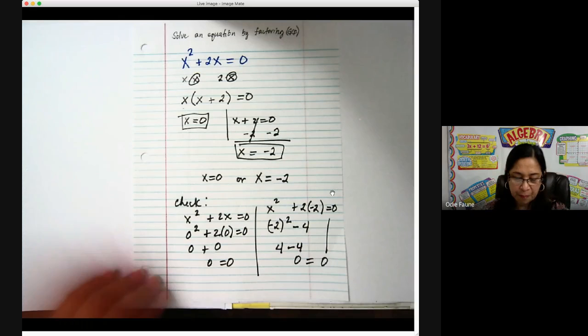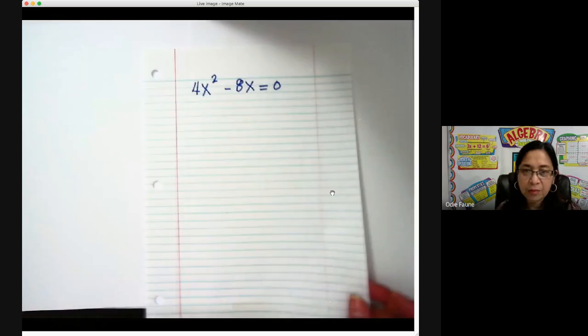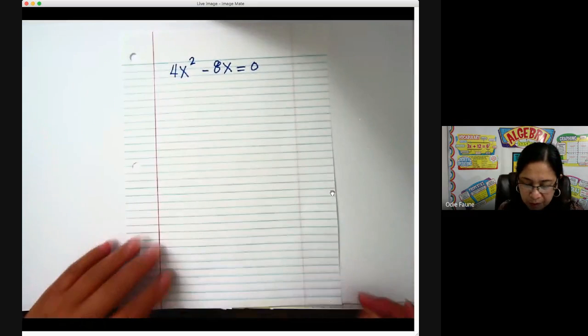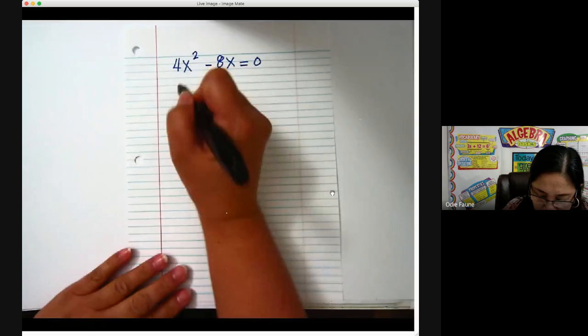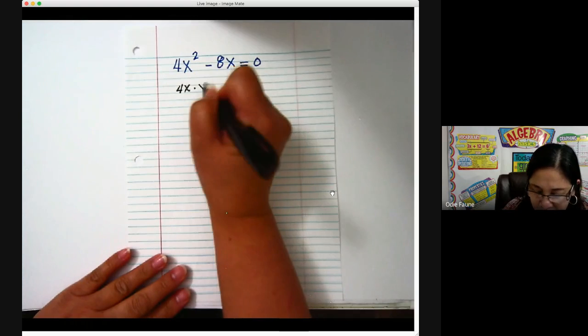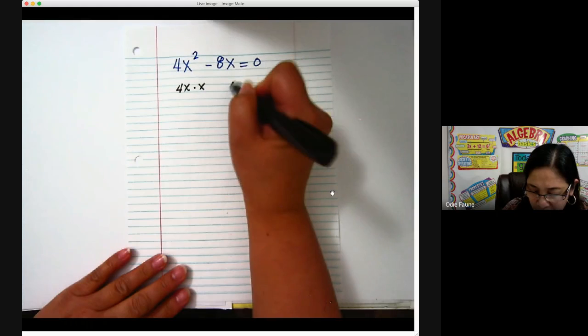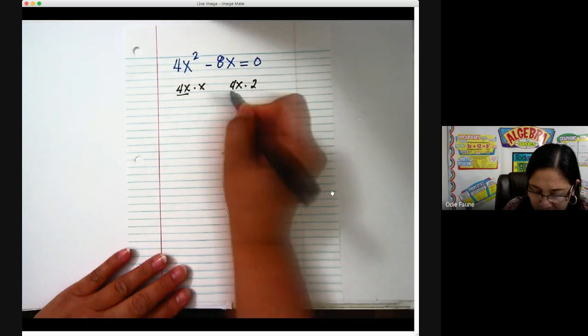Okay. Another example. I will do the same. Find the greatest common factor. The greatest common factor of these two is 4. So we have here 4x times x. The other one is 4x times 2. So our GCF is 4x.